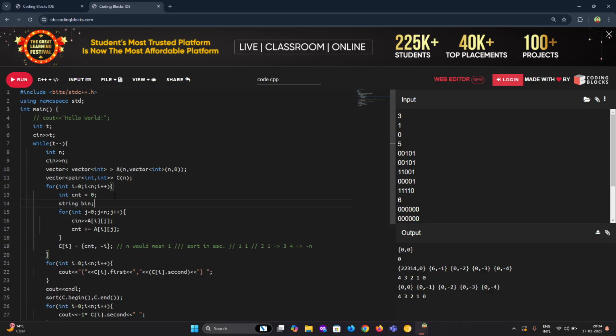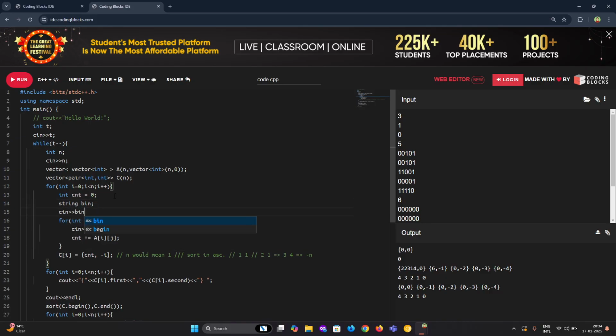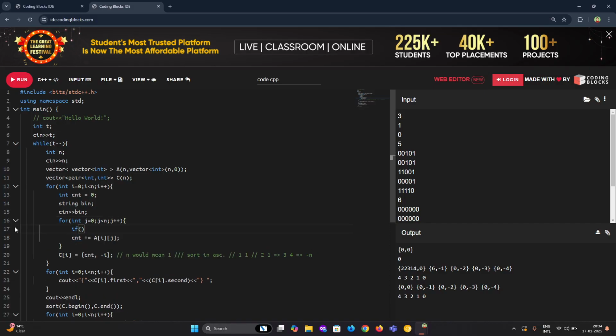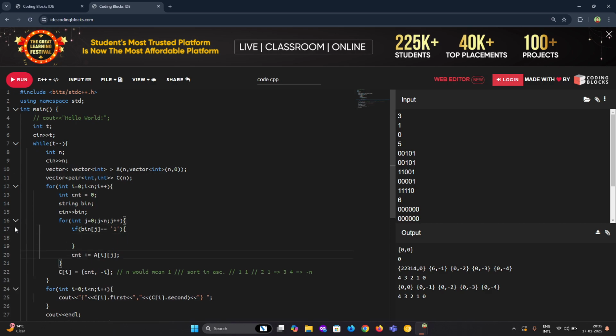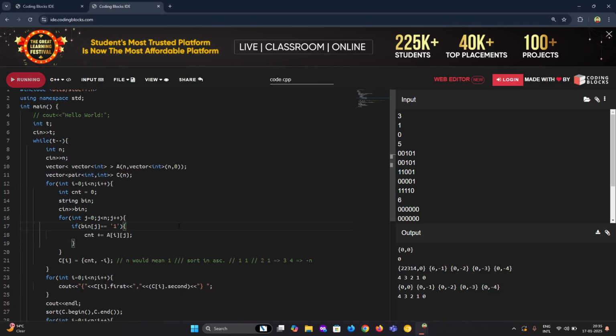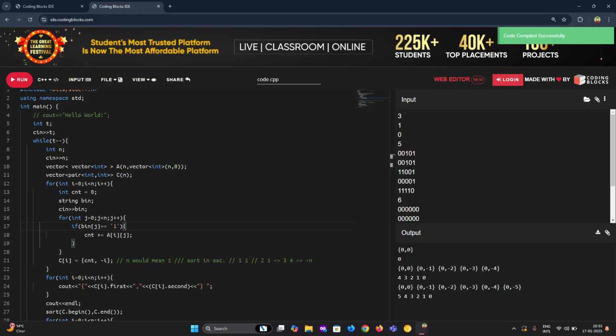And we see in the binary string, and then we go along, and if we encounter a 1, if it of j is equal to 1, then we add it to the count. Okay, so we got a 0 here, which is definitely wrong.